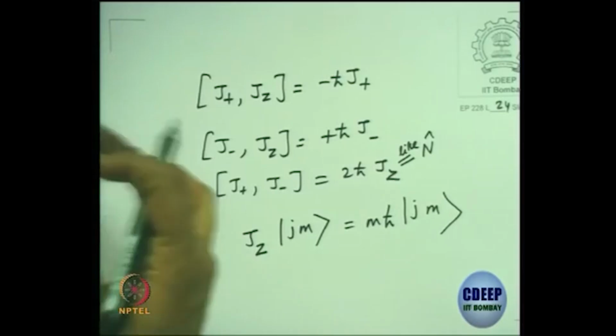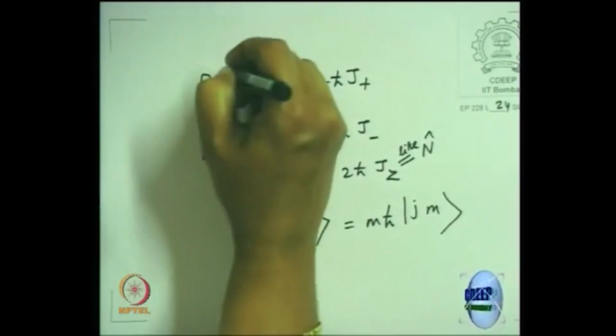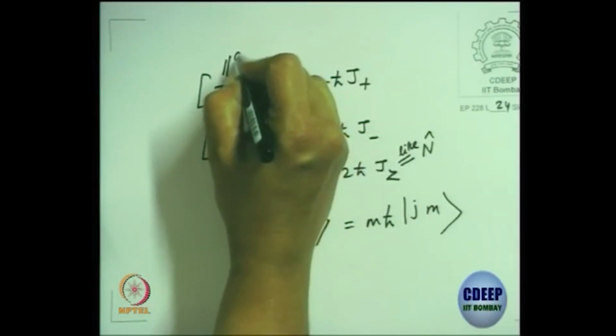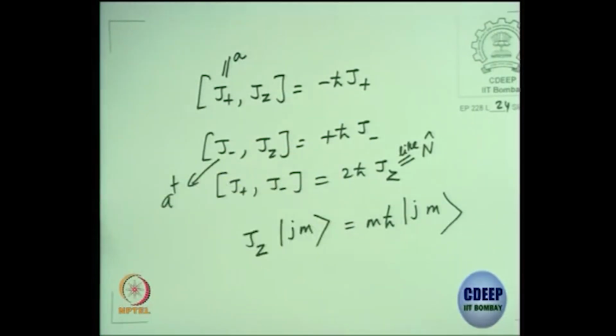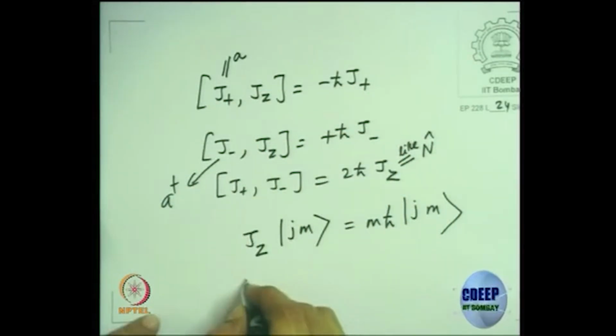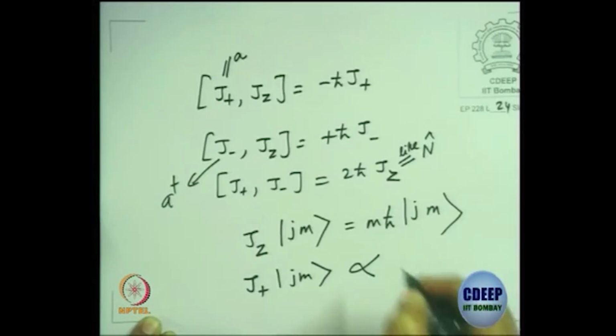Then what does it tell us? J plus and J minus are like your A and A dagger, one of them will be A and the other A dagger, or the other way around. So this algebra will tell you what happens to J plus on Jm. If you remember, when we did the oscillator, we argued what A does on n.